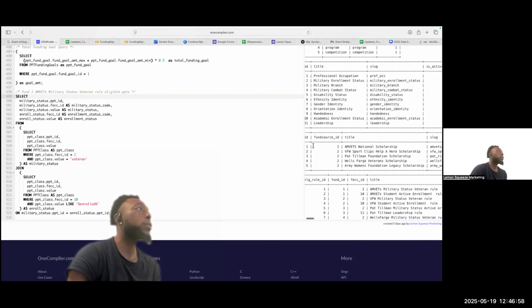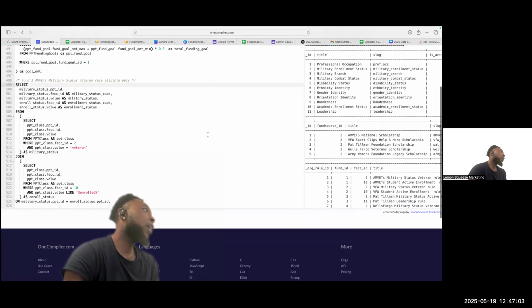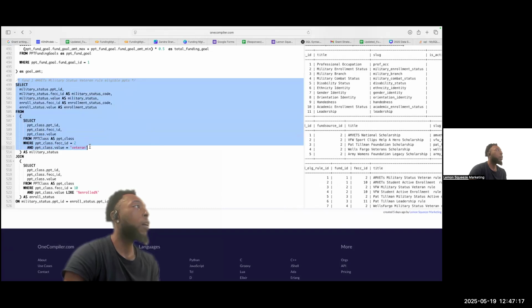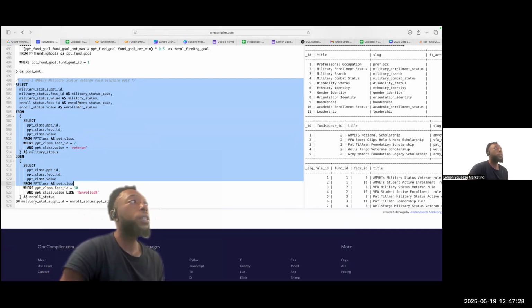So we're not quite done with the query yet. This is just to get us started with creating a query that will return participants that are eligible for a particular fund. This would be a report that we create for pulling participants that are all eligible for the AVET's military status. So that's how we would pull participants that are eligible.